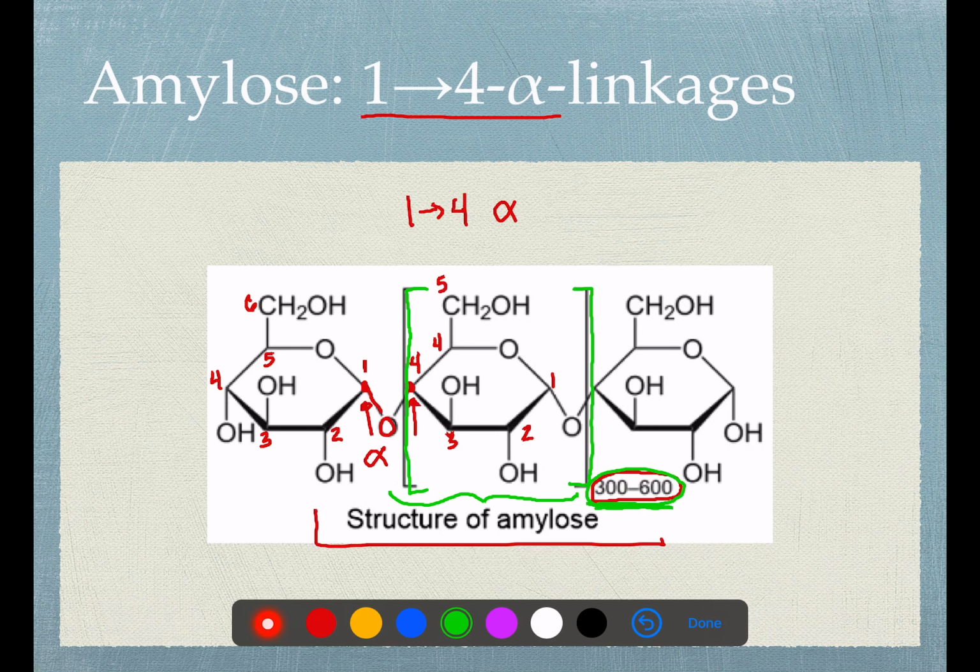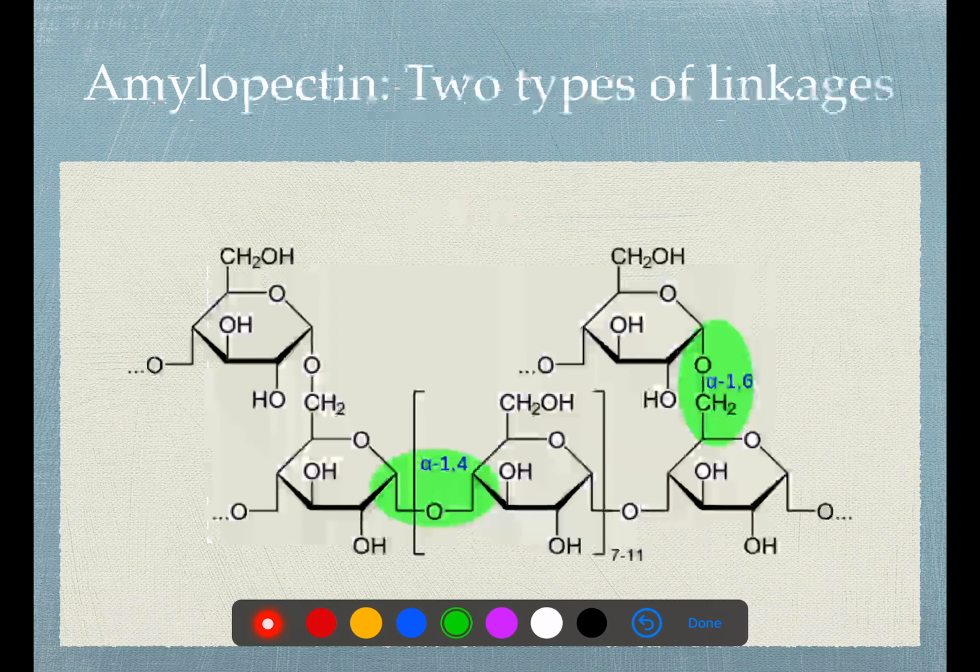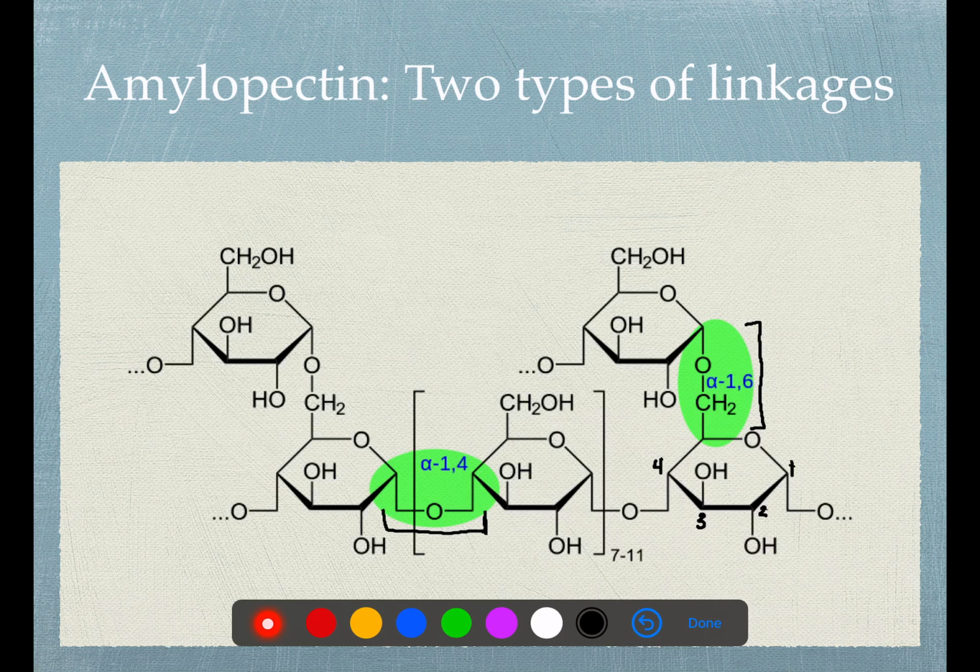Now, the other type of starch is amylopectin. And although it also contains glucose, the difference between amylopectin and amylose is that amylopectin contains, in addition to the alpha 1,4 glycosidic bonds, it also contains some alpha 1,6 glycosidic bonds. So let's number these two monosaccharides that are connected together.